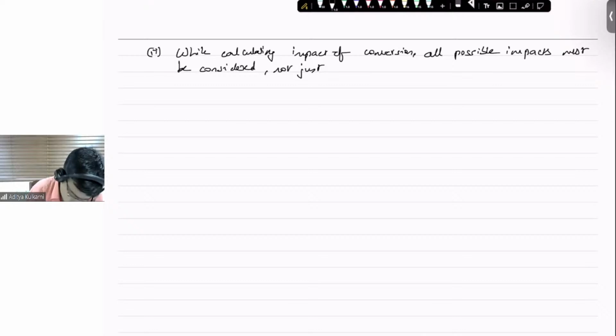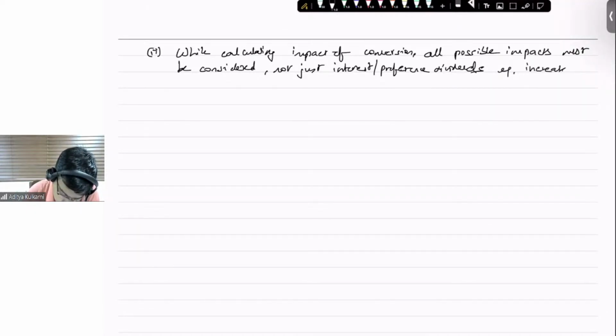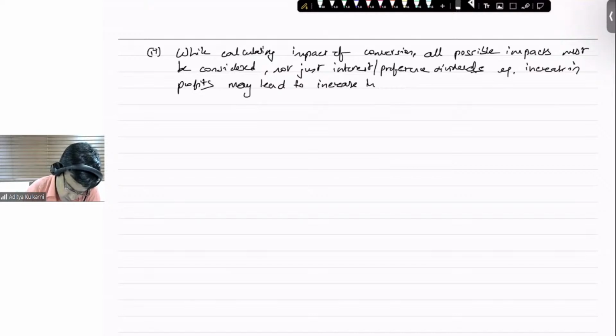Not just may lead to increase in bonus to MD.